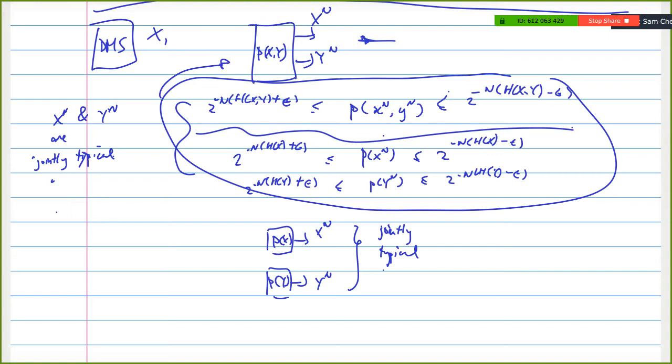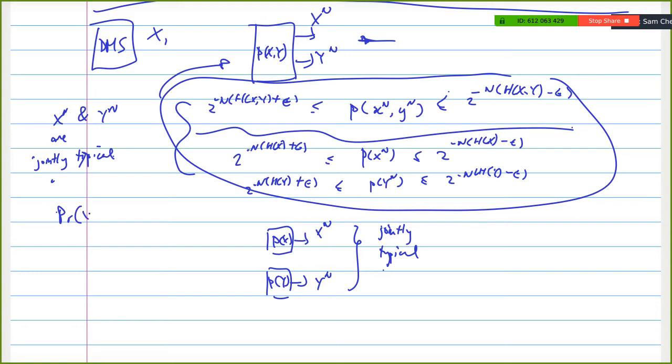This is useful, as you will see later on, especially in channel coding, where you're trying to transmit a signal through a channel, and we can use this argument to describe why the capacity of a channel is given by that expression. So let's look at the probability that we have sequences that are typical but independent, and turn out to be jointly typical.